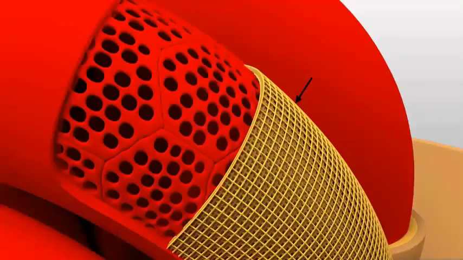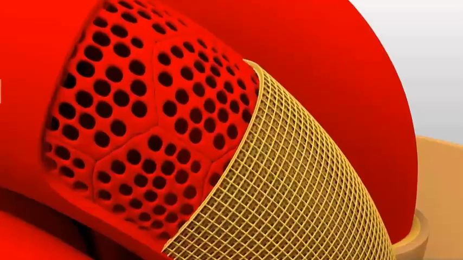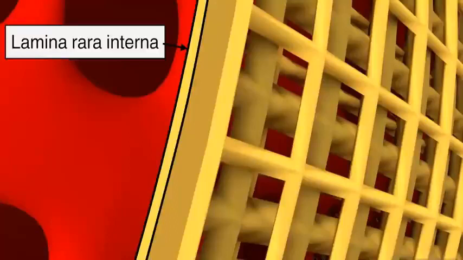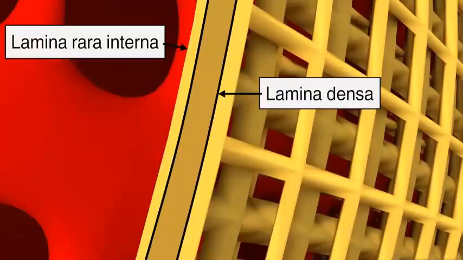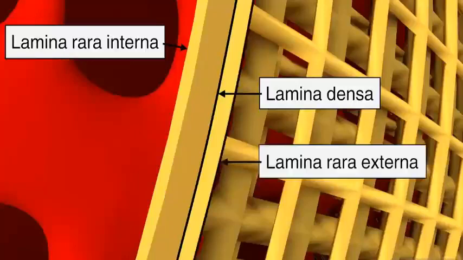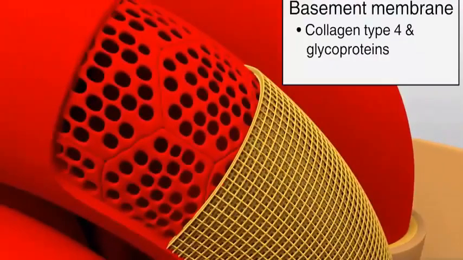The basement membrane is made up of three layers: an inner thin layer called lamina rara interna, a thick layer called lamina densa, and an outer thin layer called lamina rara externa. It is composed mainly of collagen type 4 fibers and glycoproteins like heparan sulfate.